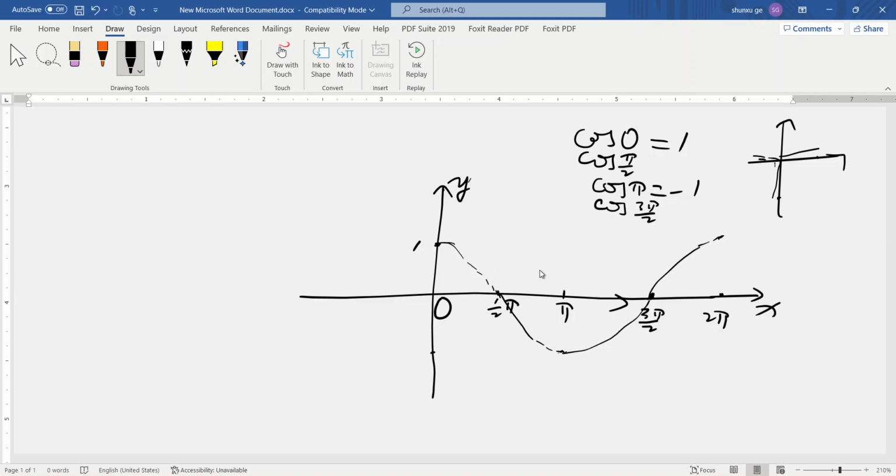Okay, then we graph. The period changes to pi. Then move to left. This should be 1 over 4 pi, and here 1 over 4 pi negative.